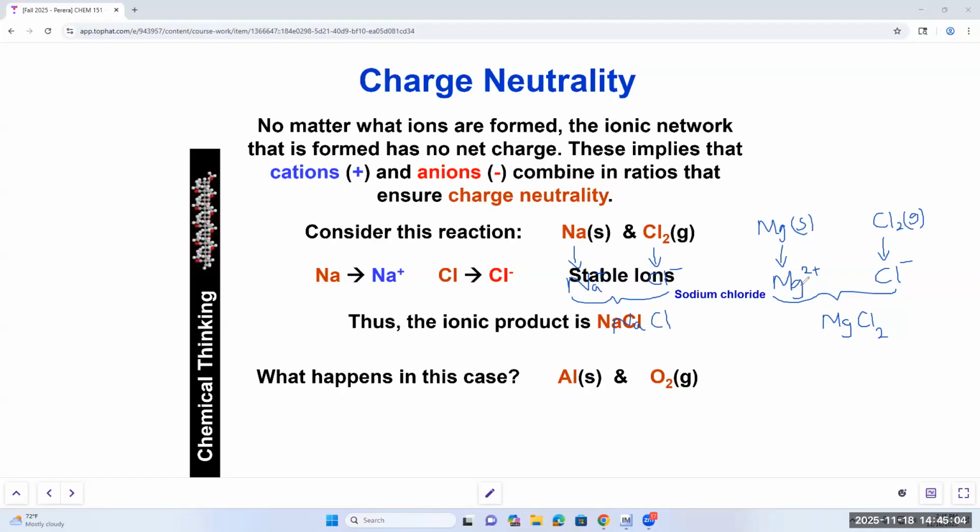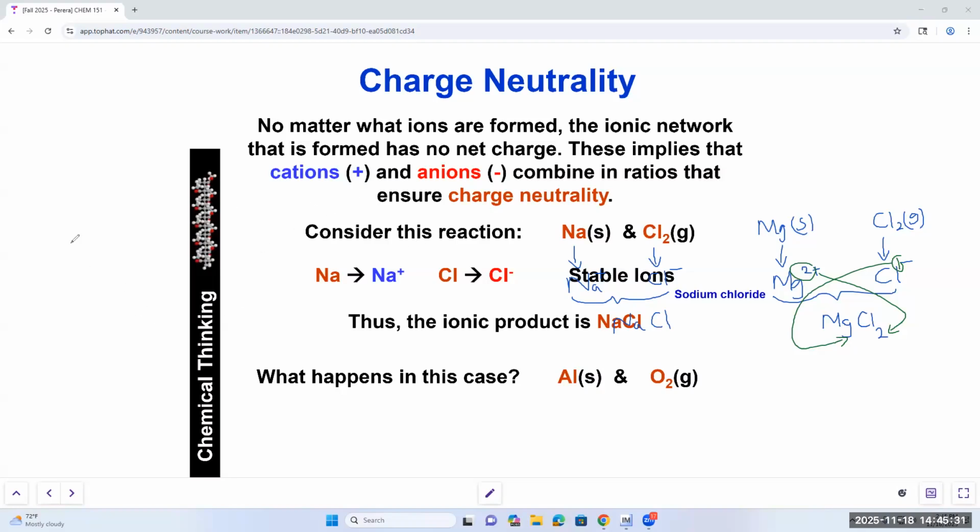The charges should add up to 0, right? So, it turns out if you use the charge of the cation as the subscript of the anion, and the charge of the anion, which is 1, is implied over here, as the subscript of the cation, you're going to get the charges balanced out without thinking too much. So let's see if that works for this as well.